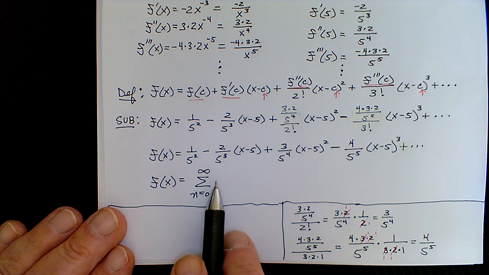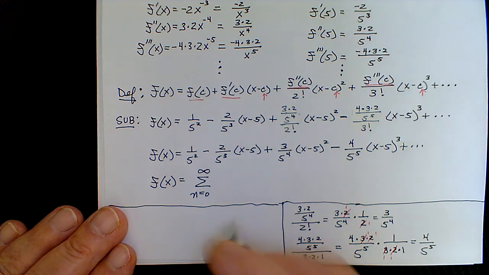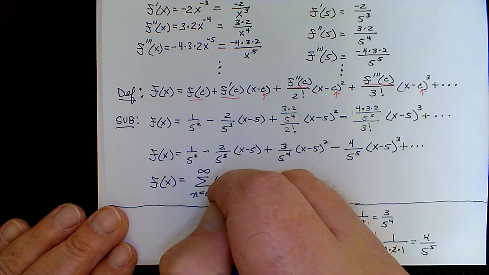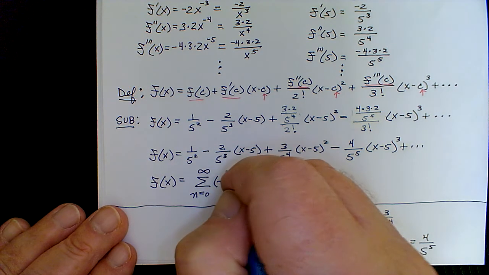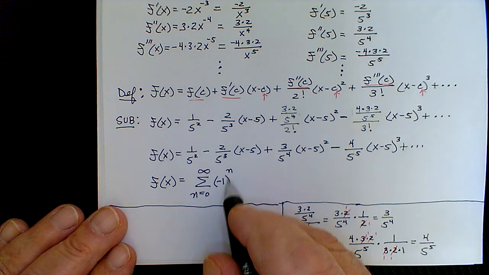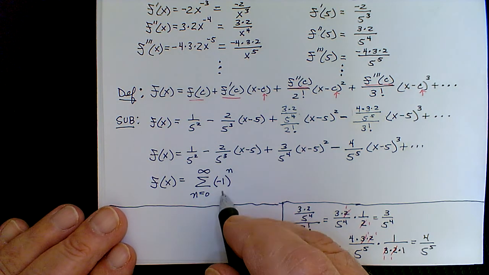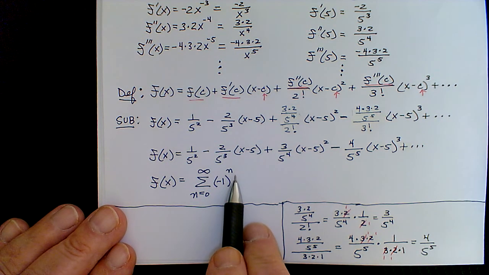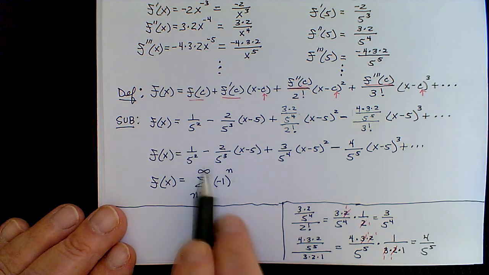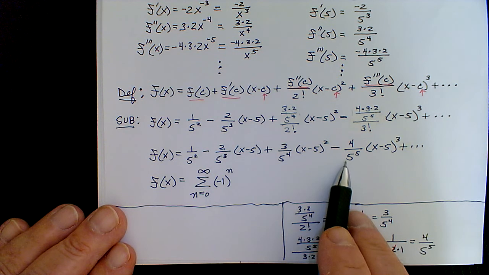As I've mentioned before, that should be the first thing you look for. So an alternating factor, negative 1. And if the first term is positive, it's negative 1 to the nth, because the 0 in would give negative 1 to the 0, which is positive 1. And if the first term is negative, it would be negative 1 to the n plus 1th. Okay, so that takes care of the alternation of sign.